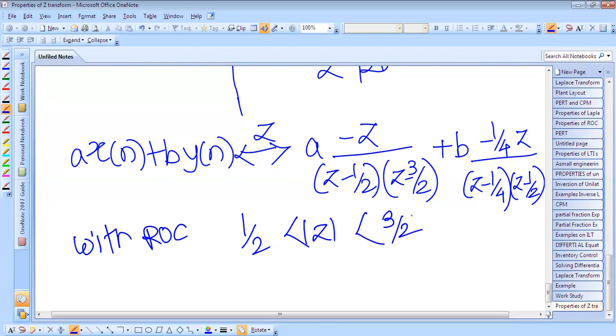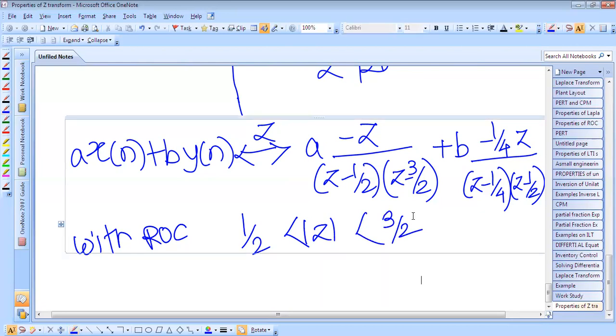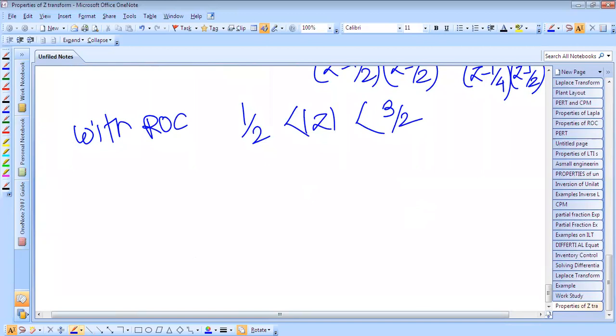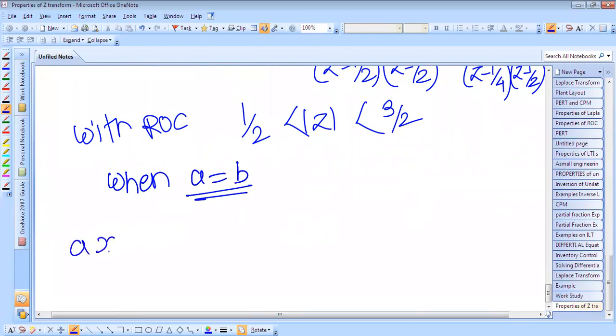So in this example, we'll see what happens when a is equal to b. When a is equal to b, then what will be the addition? a into x of n plus a into y of n.